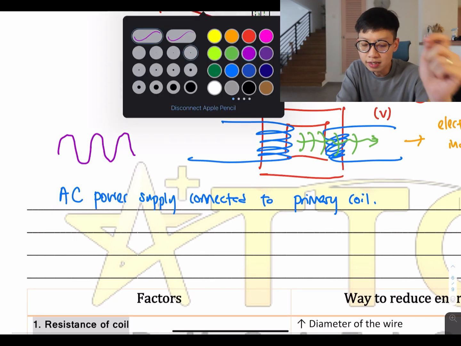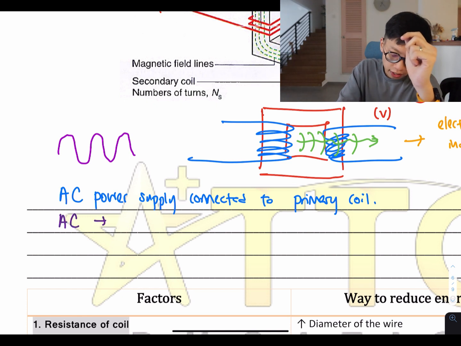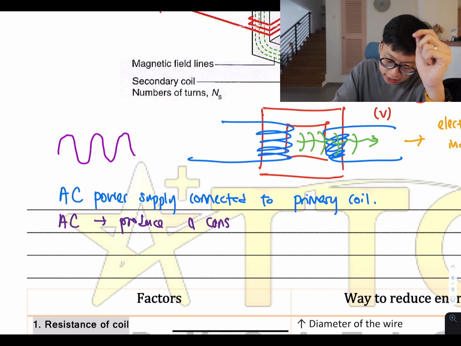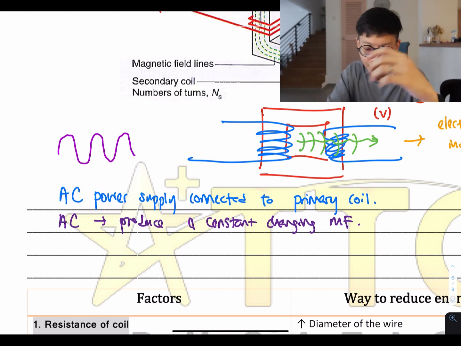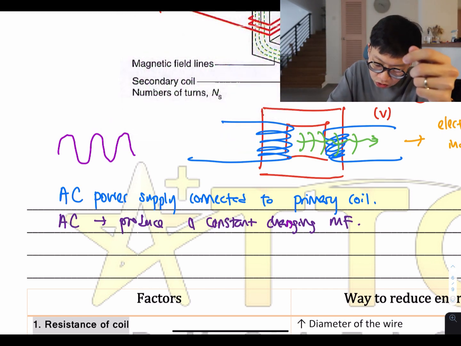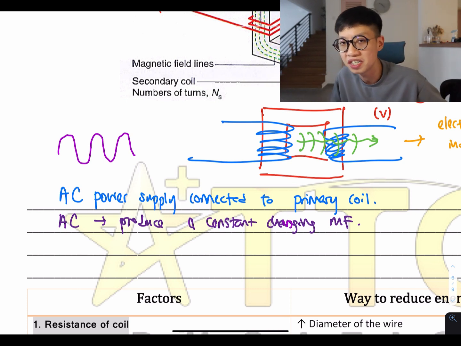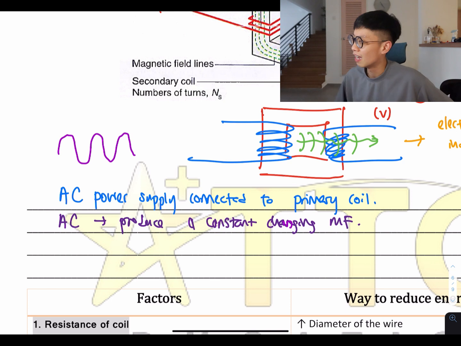So we say alternating current is connected to the primary coil. The alternating current will produce a constantly changing magnetic flux. A lot of people say, how do we get something called constant changing? If today you ask me what I want to eat, I will say KFC, McDonald's, Burger King, A&W.